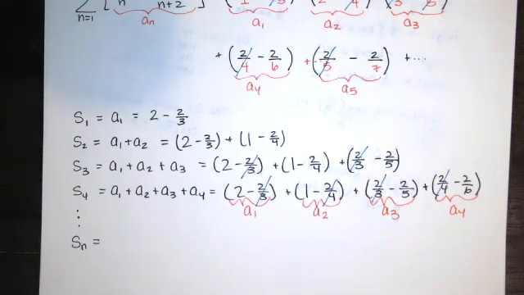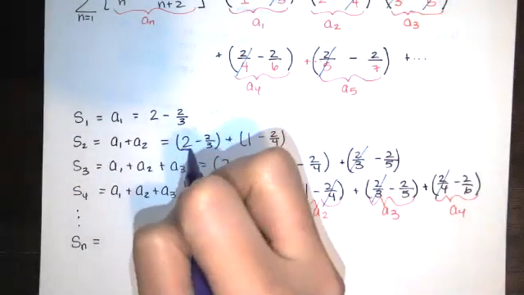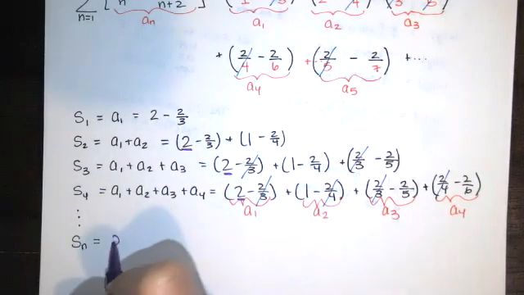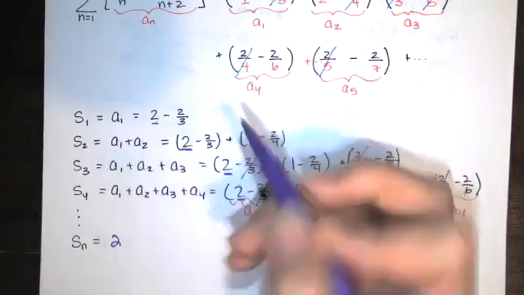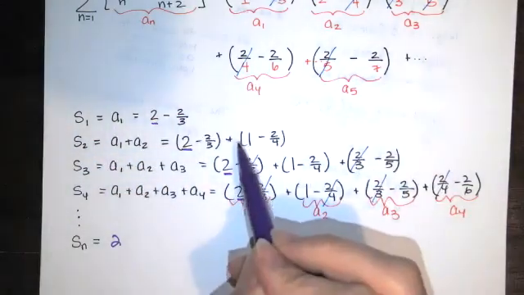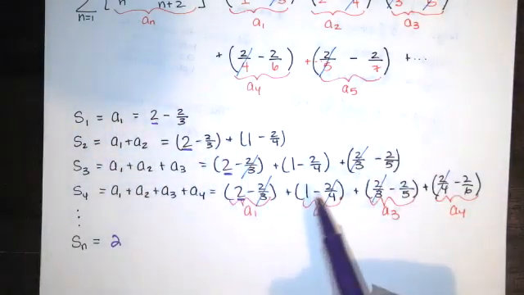What I like to do when I'm trying to do something like this is think about what is staying the same as we go from term to term. The 2 never cancels. The 2 is always there, so that's staying the same. And it doesn't hold for n equals 1, but for n greater than 1, we always have this 1 here.